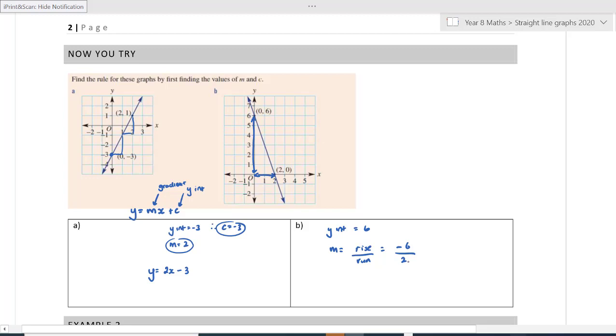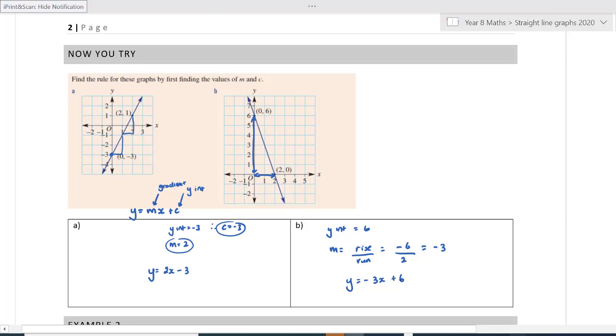Yes, we do go down 3 and across 1, but 6 divided by 2 is 3, and negative divided by positive is a negative. So that's going to be -3. Now just bring it all together. Y is equal to -3x plus 6.